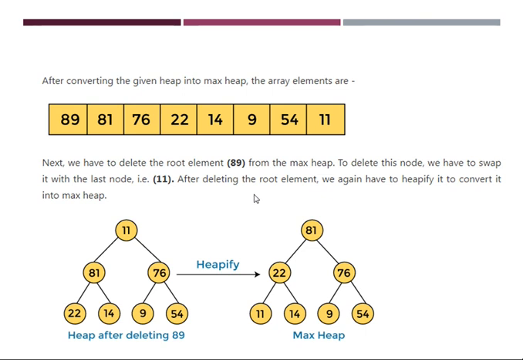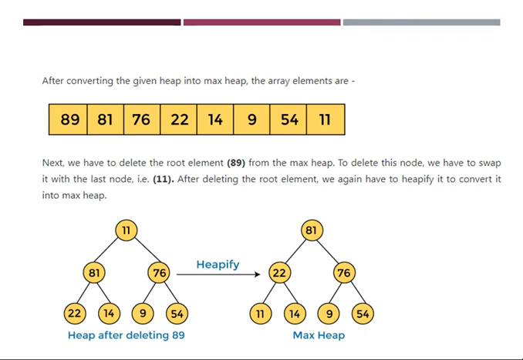So if you want to remove the root element, you simply need to replace the value of the root node with that of the last node, and in this case the last node is 11. So after deleting 89 from this structure, this will be the structure of the heap now, after deleting 89, which was the root element here.